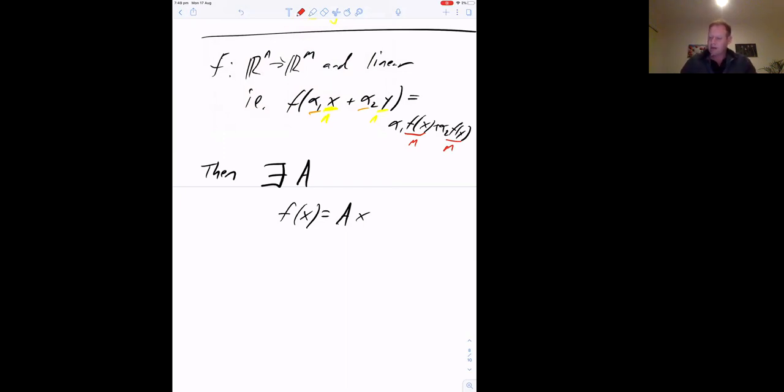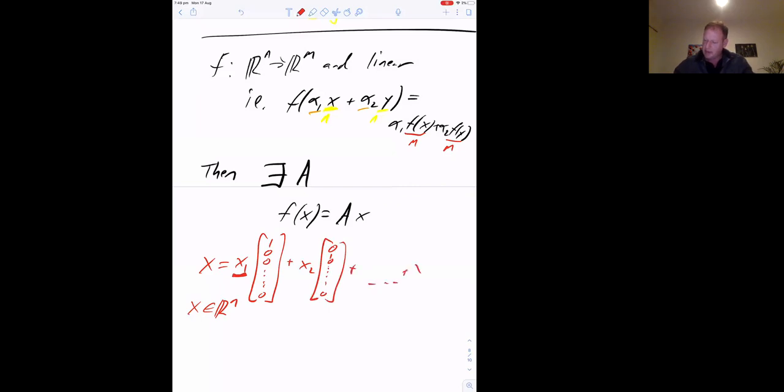All right, so here's a trick, a very simple trick. What we're going to do is take the vector x, which is in R^n, and write it as x1 times (1, 0, 0, ..., 0) plus x2 times (0, 1, 0, ..., 0) plus up to the last one, xn times (0, 0, ..., 0, 1).